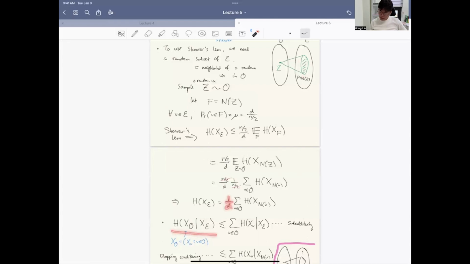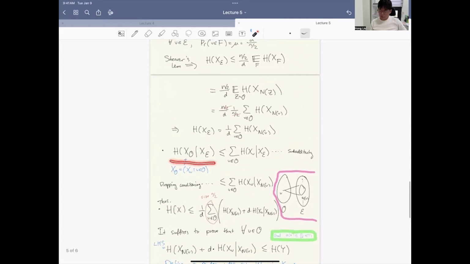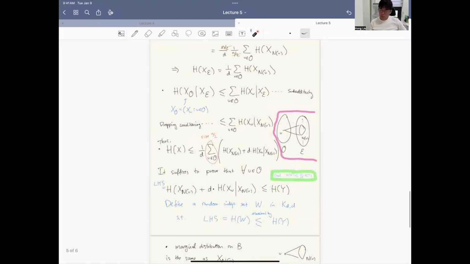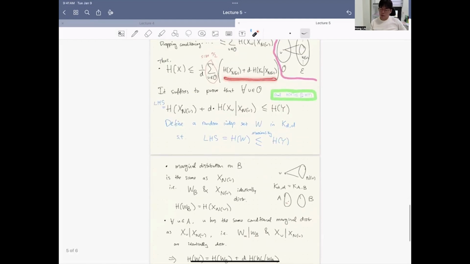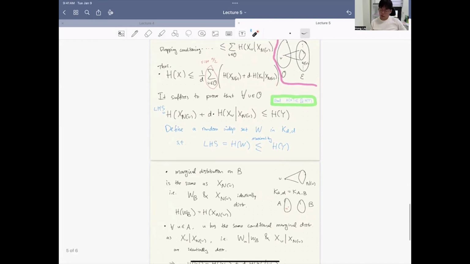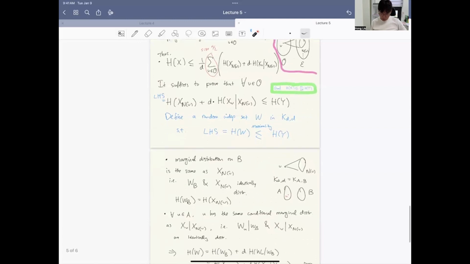The other side, just by subadditivity and dropping conditioning, we can write in a similar form. Putting together, we have an upper bound on the entropy. The very last step is to associate this thing we just derived with the entropy of some random independent set W. Then we are done by maximality. Okay.